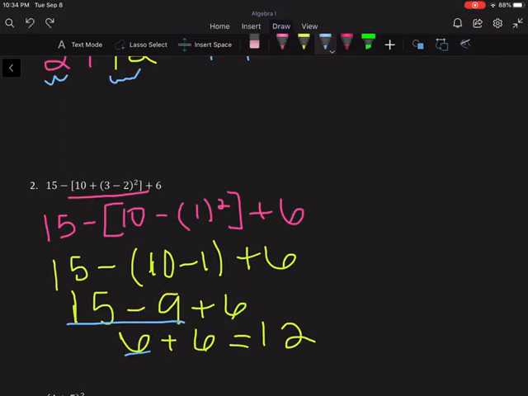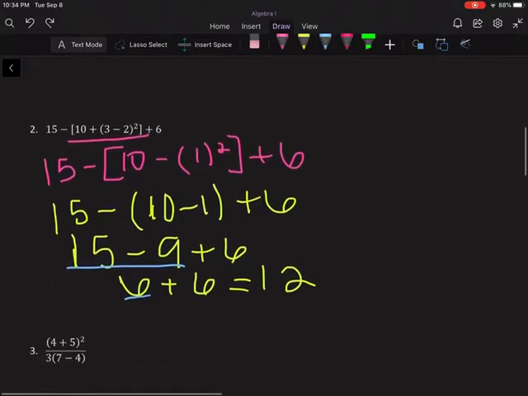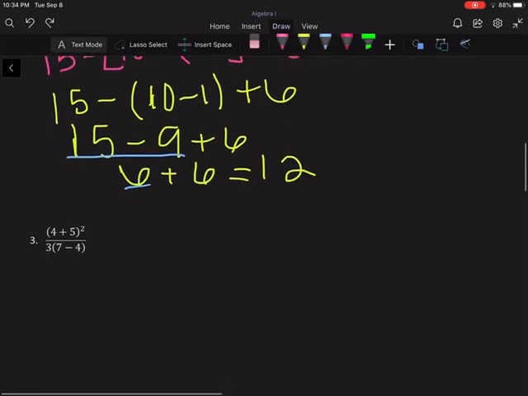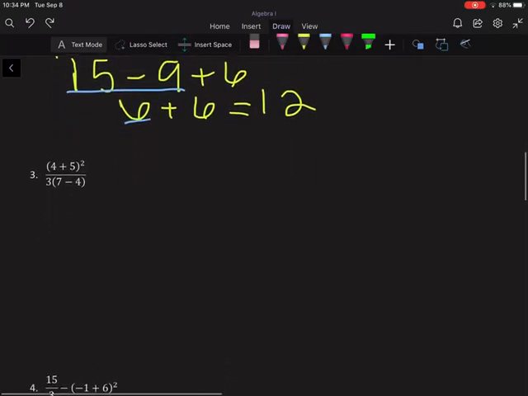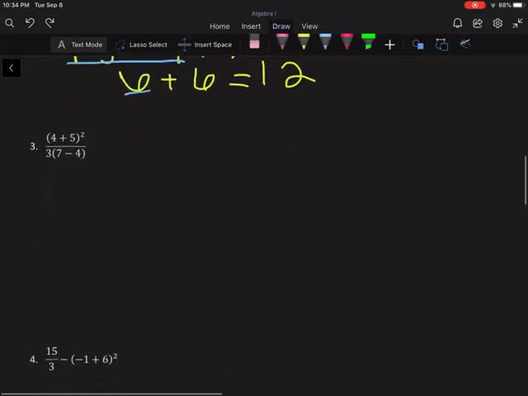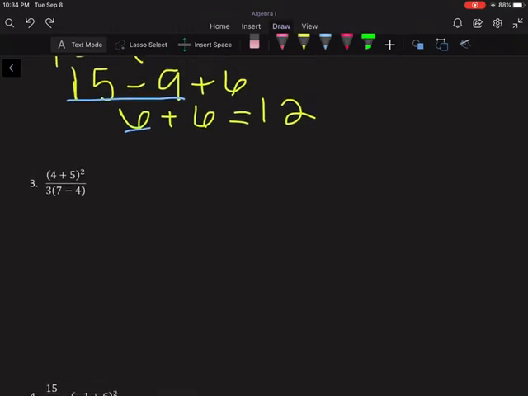So, well, that's not the right way to kind of identify that. I first did that. 15 minus 9 to get 6. Alright, moving on to the next one.